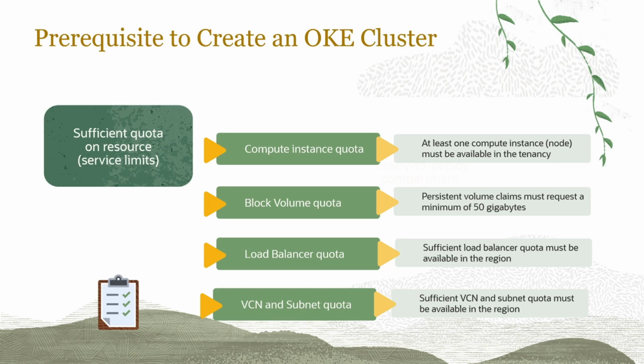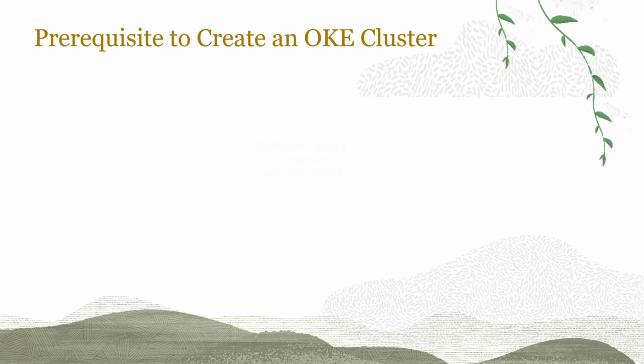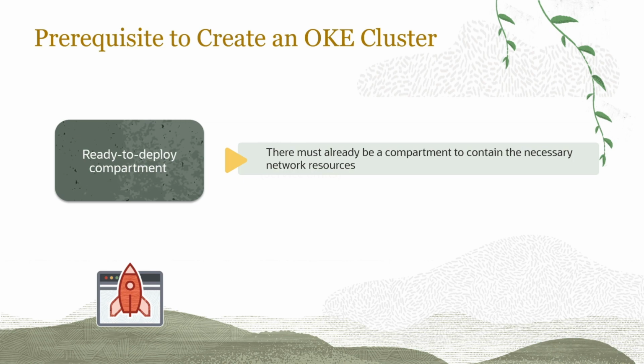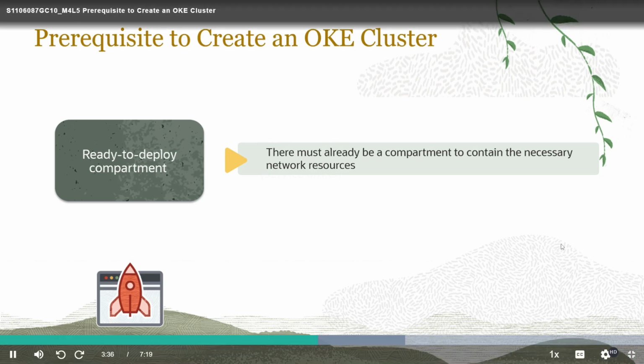Now, in our preparation checklist, we come to the need for a ready to deploy compartment within your tenancy. This compartment is where we'll house the essential network resources, including a virtual cloud network, subnets, internet gateways, route tables, and security list. If you haven't already set up this compartment, you will need to create it.